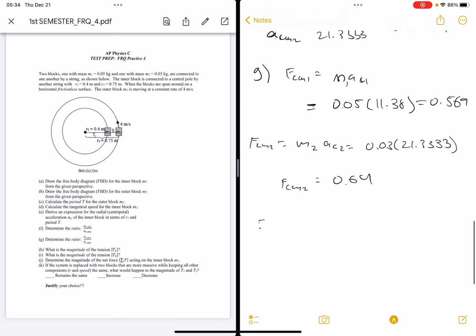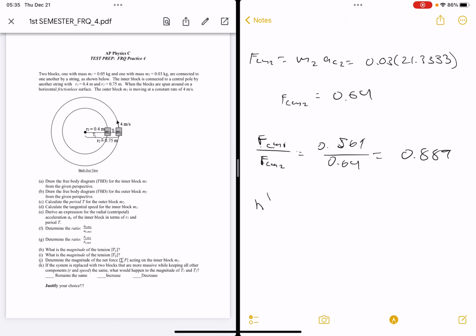We want the ratios, so we set them over each other. 0.569 over 0.64, and that just equals 0.889.